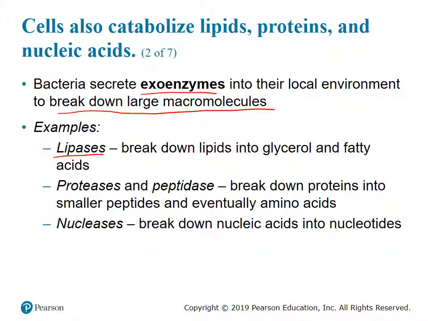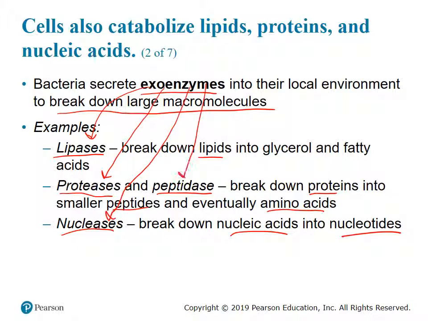Lipases break down lipids into smaller monomers. Proteases break down proteins, and peptidases break down peptides into their monomers, which are amino acids. Nucleases can break down nucleic acids into nucleotides. Depending on the species, different species can have different exoenzymes, so they can have any of these or all of these.